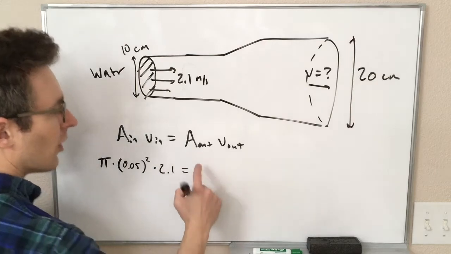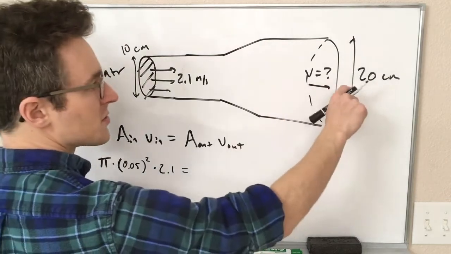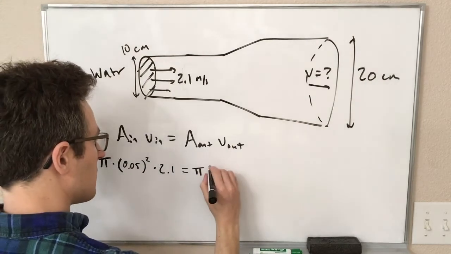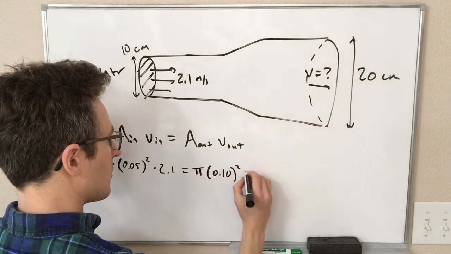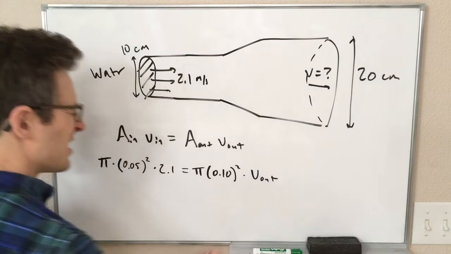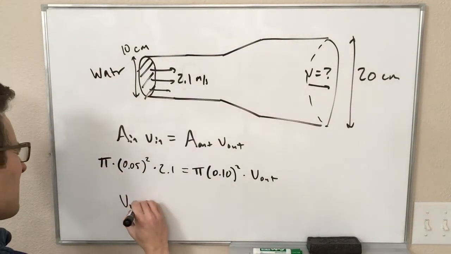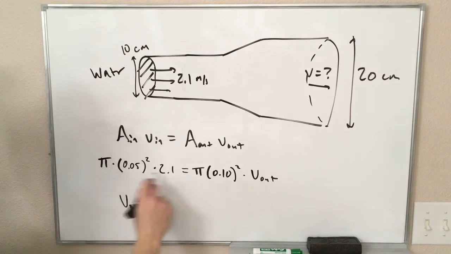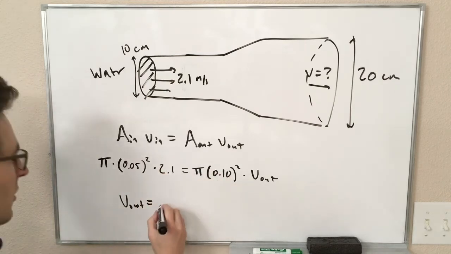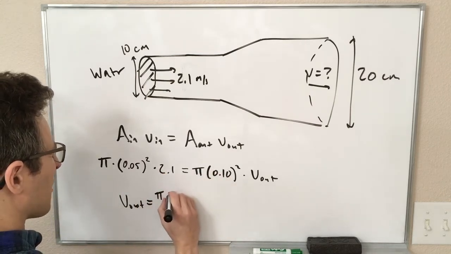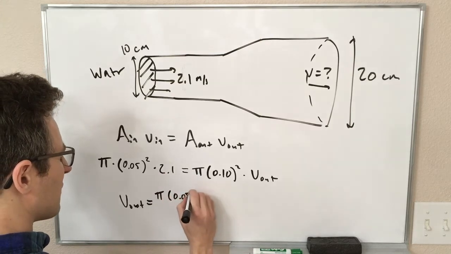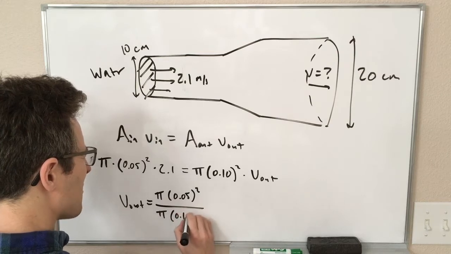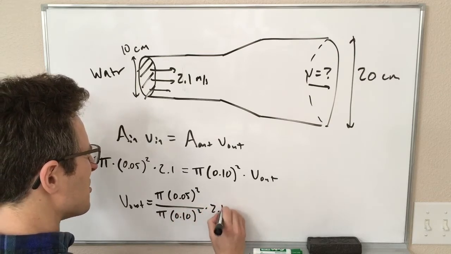And that's equal to our area out, which is pi r squared for half of 20 centimeters, which is 0.1 meters, times our velocity out. So solving for V out, we get pi r in squared over pi r out squared times 2.1.